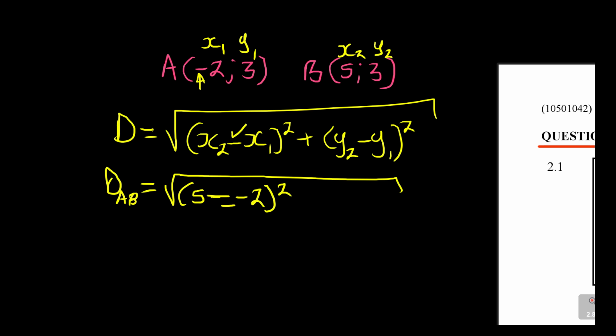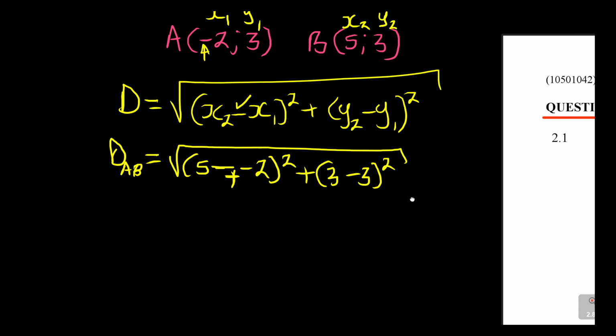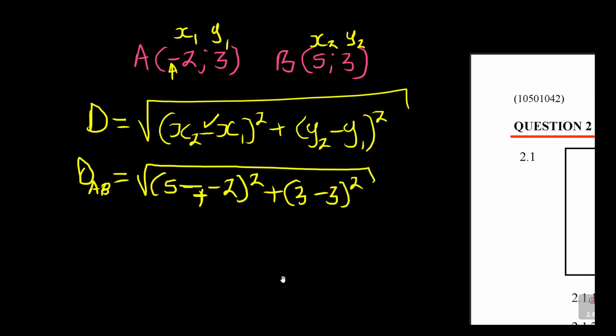Some prefer to say 5 plus 2, because a negative and a negative gives you a positive, but it's up to you. You can leave it like that as two negatives. Plus y2 will be 3 minus 3 squared. Okay, so this was more of a horizontal line the way I see it, because 3 did not change. So now your calculator comes in handy, so that you can do the calculation there.